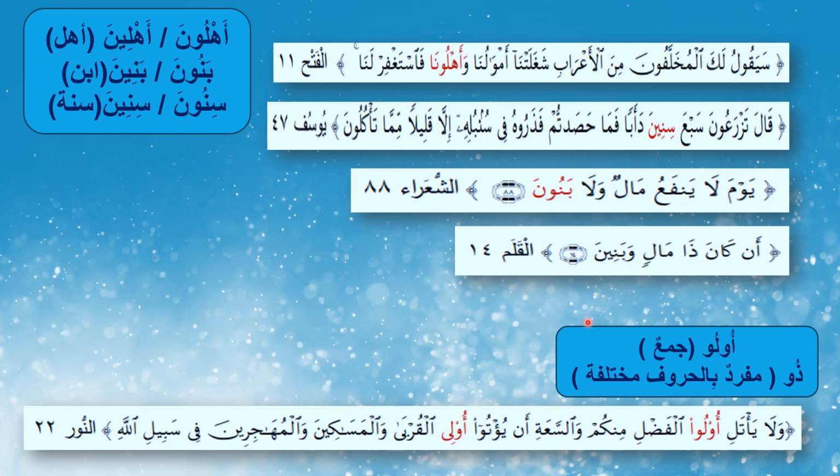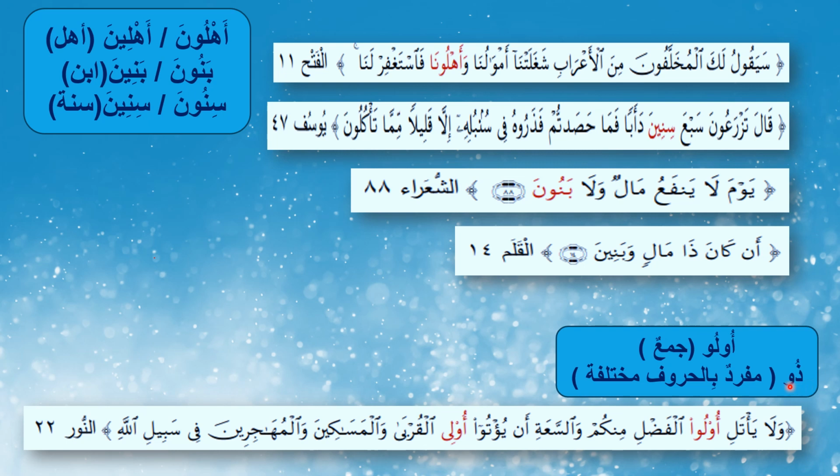So lastly, there is this word ulu, means the one who has. And ulu in itself is a Jama. It's a Jama word. And what is the singular? The singular is dhu. And this is a singular with different letters.